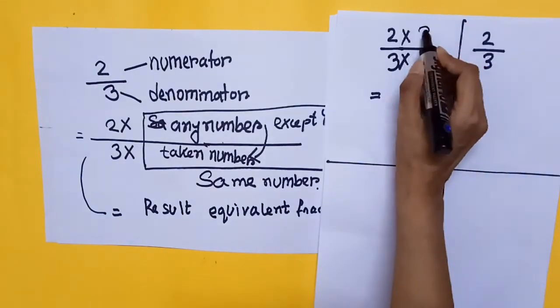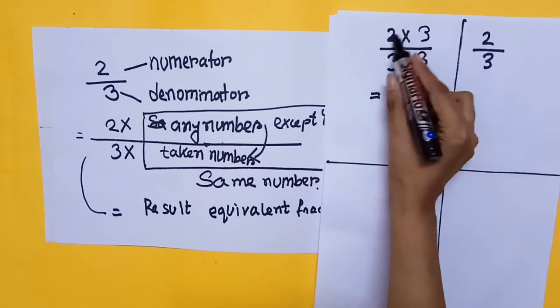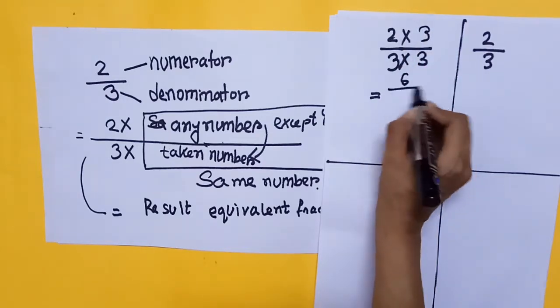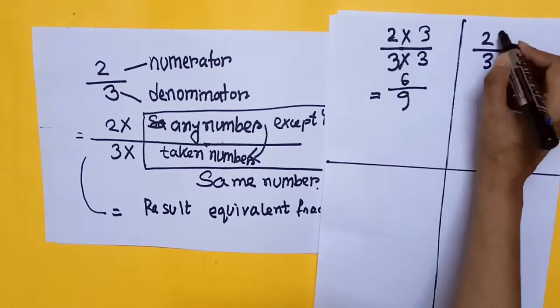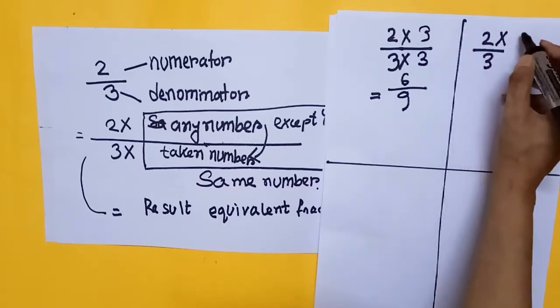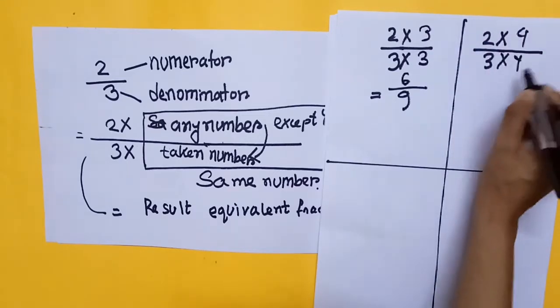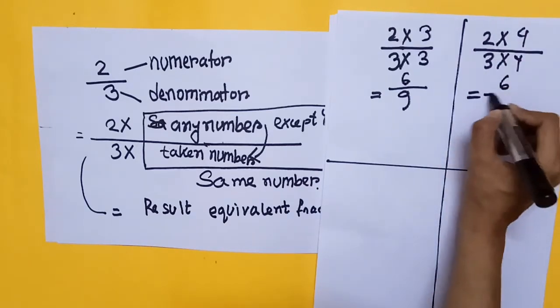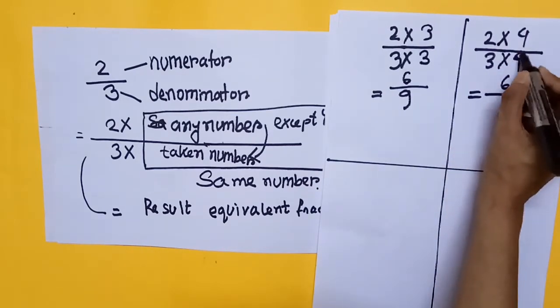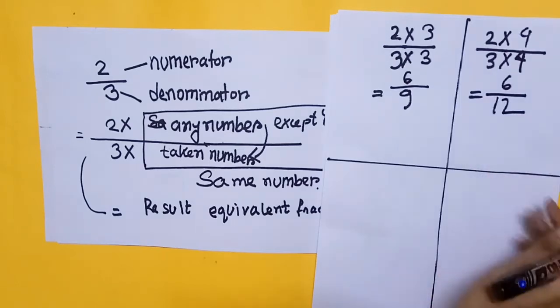Again I am taking 3: 2 times 3 is 6, 3 times 3 is 9. I am taking 4 here: 2 times 4 is 8, 3 times 4 is 12.